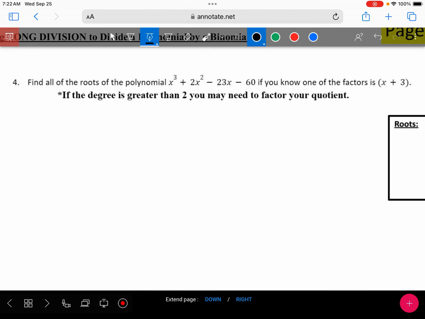So we're going to take the x plus 3 and divide that into, we're going to put that other one under the hood.